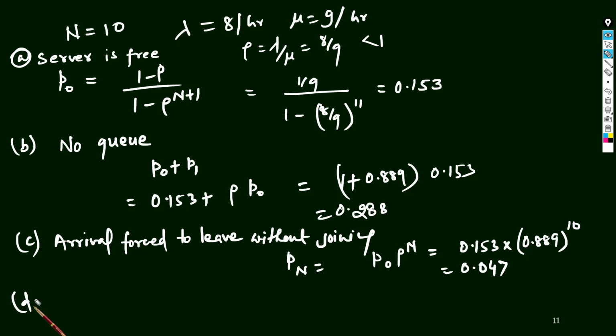D, what is the expected number in the system? LS. Oh, big expression. So what is that? Rho divided by 1 minus rho, this is fixed, okay, always remember this. As soon as the expected number of customers in the system is asked, first write the expression of the infinite model, after that you have to add.